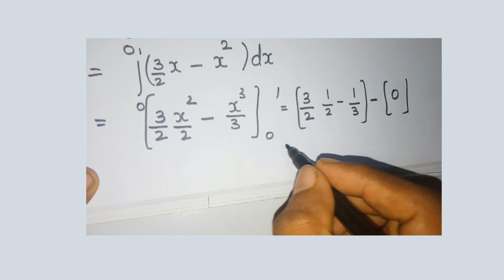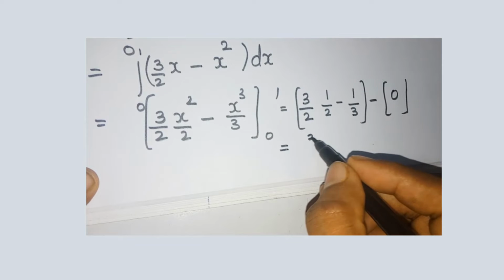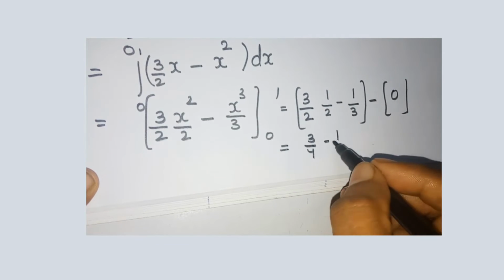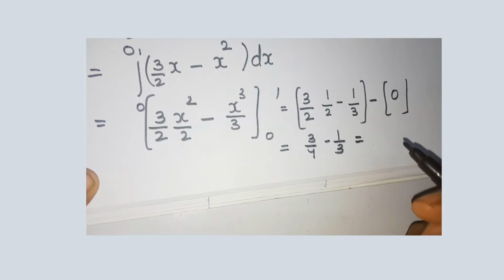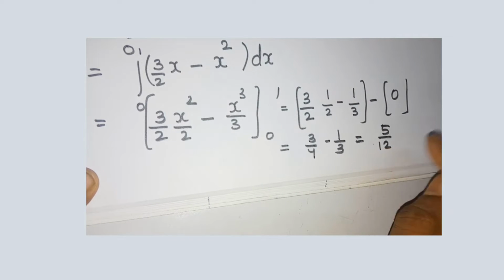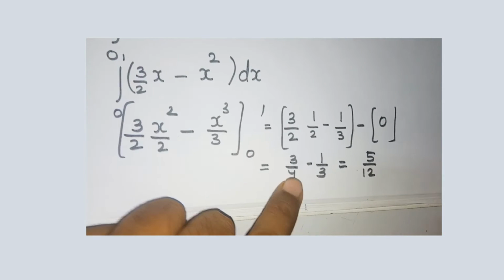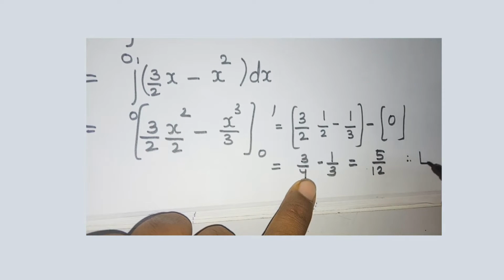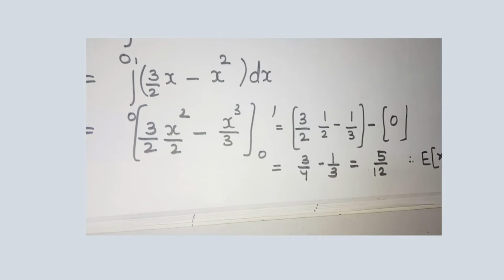Now when I solve this, I get 3 by 4 minus 1 by 3, which will fetch me the value 5 by 12. This value is for E of x. That means my mean value is 5 by 12.